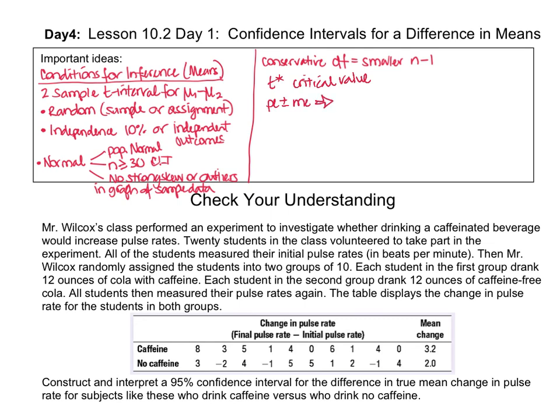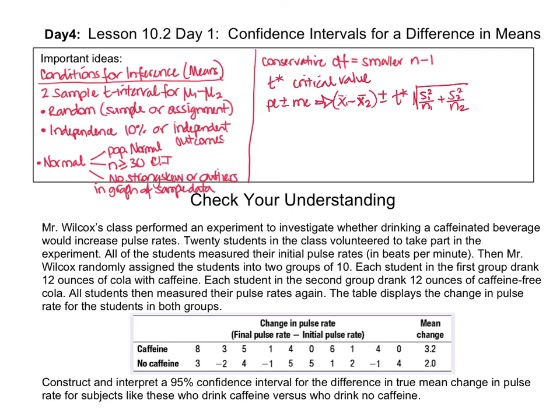That's going to go to a more specific formula of x1 bar minus x2 bar plus or minus our t star times the standard error, which is the square root of s1 squared over n1 plus s2 squared over n2.